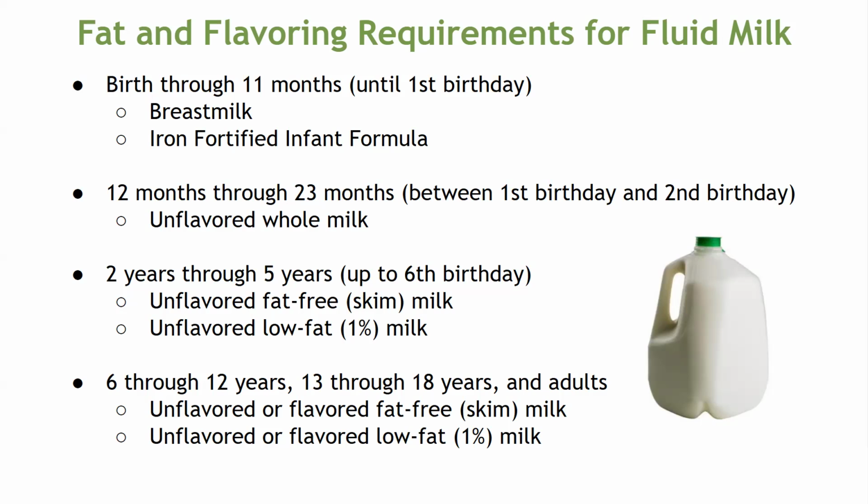For ages 2 to 5, unflavored fat-free, so skim milk, or 1% milk. And then for 6 to 12 year olds, 13 through 18 year olds, and adults, unflavored or flavored fat-free milk or unflavored or flavored low-fat milk. So once they're over 6, they can receive flavored milk, but under 6, they may not receive any type of flavored milk.